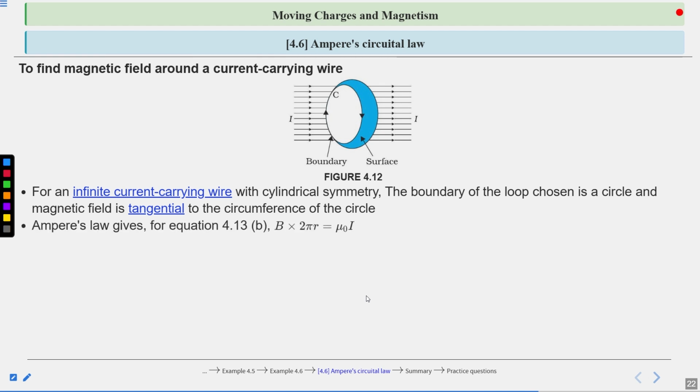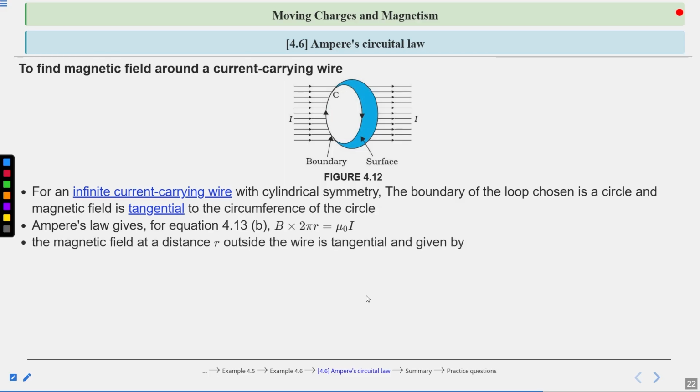Ampere's law gives equation 4.13b. Now replace L with the length of the circular path, which will be 2 pi r, where r is the radius of this Amperian loop. So B into 2 pi r equal to mu naught I, where I is the current enclosed by this loop.